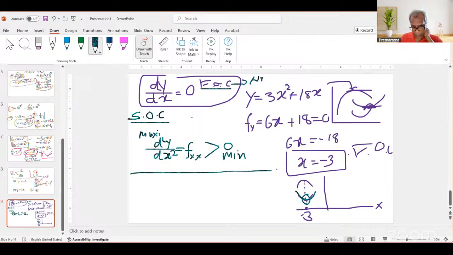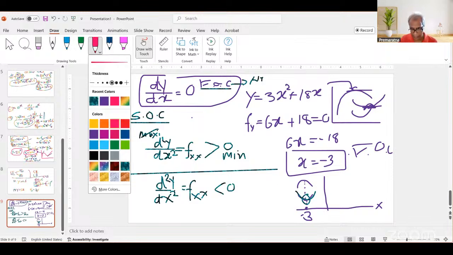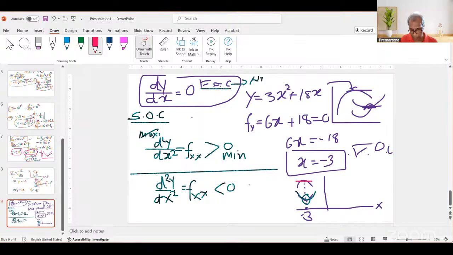Now, if the second order differentiation gives a negative value, which means less than 0, there you get the maximum point.